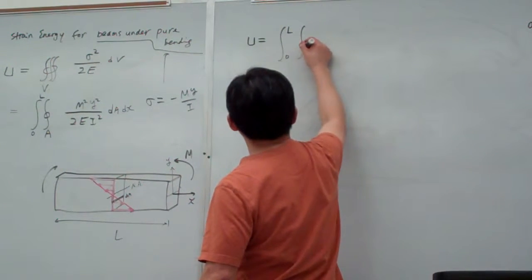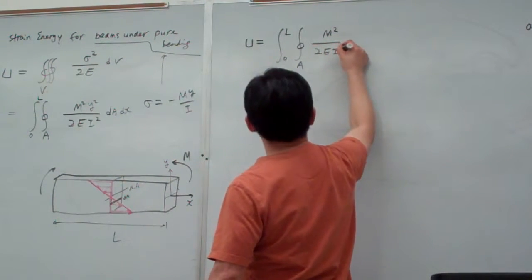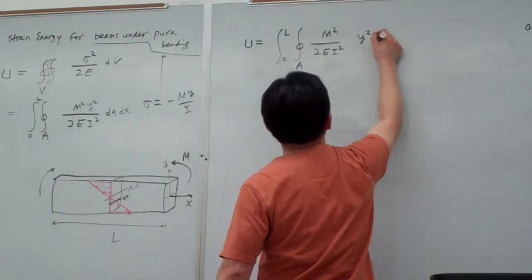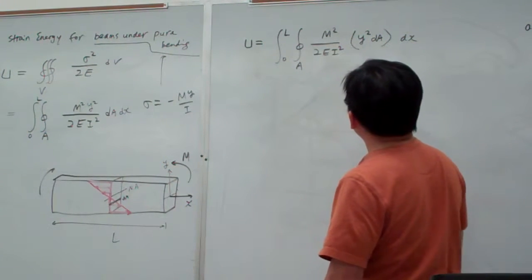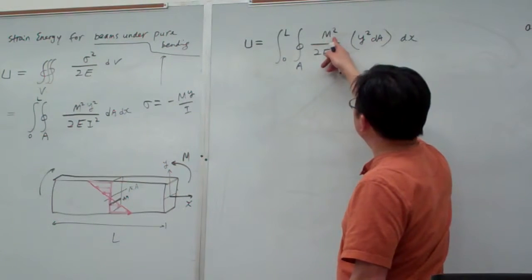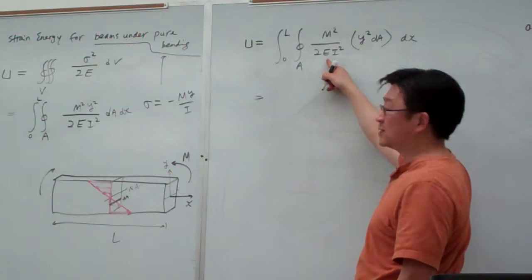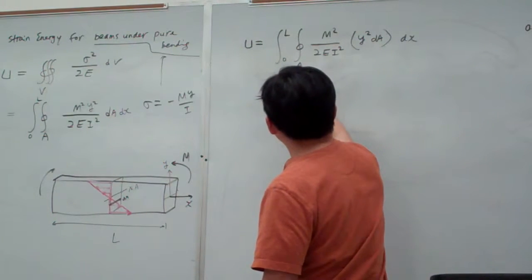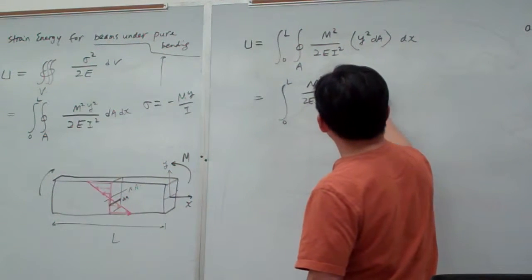We can simplify: that is M squared over 2E I squared, and I group the y squared dA together with dx. The terms M over E I squared are constant with respect to any cross section, so we can take M squared over 2E I squared out of the area integral.